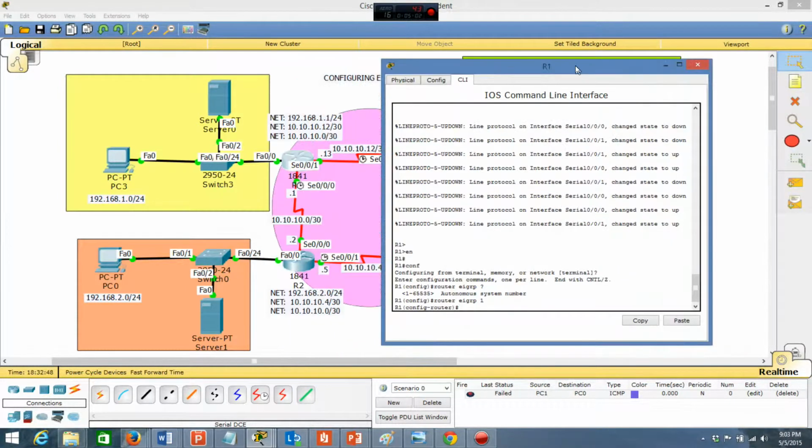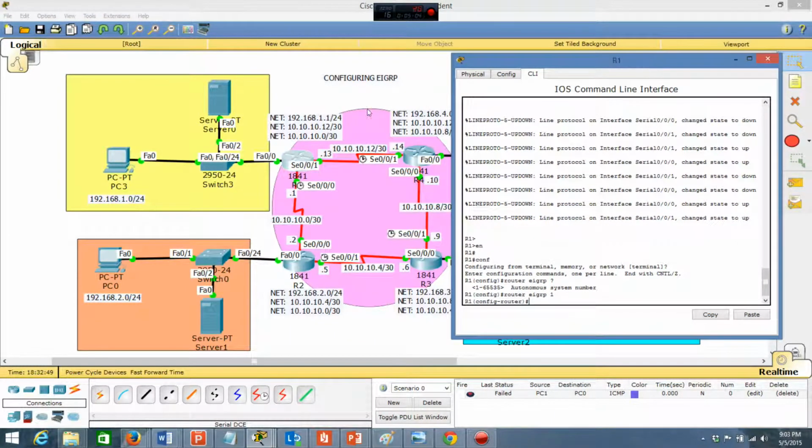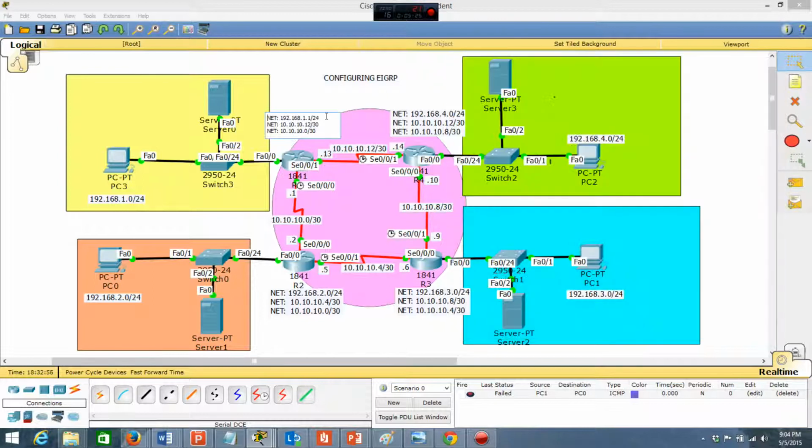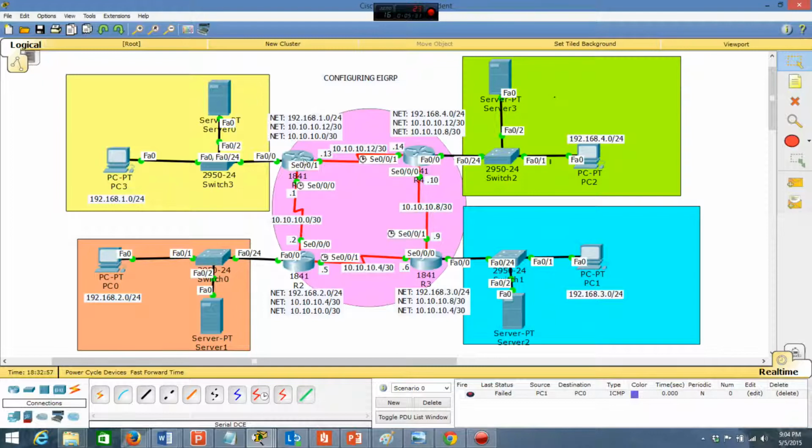Since this is R1, you want to work with all the networks that are directly attached to that router's interfaces. So we have this LAN right here, which is 192.168.1.0, and 1.1 is the gateway. Then the links that are coming from other routers to this router, you want to also include in the EIGRP statement.